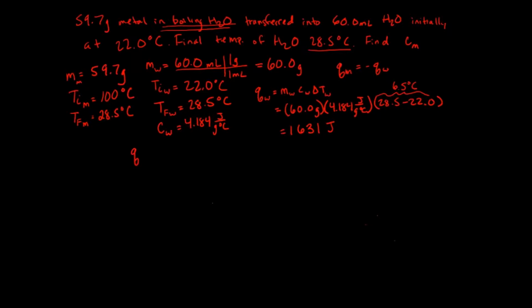And so for our metal, we know that Q metal equals MC delta T. And we need C, so we're going to divide both sides by M delta T. So our specific heat of our metal is equal to Q metal over the mass of the metal times the change in temperature of the metal.